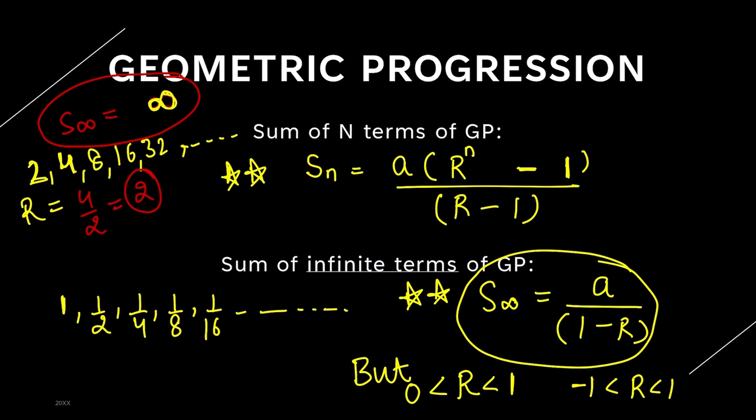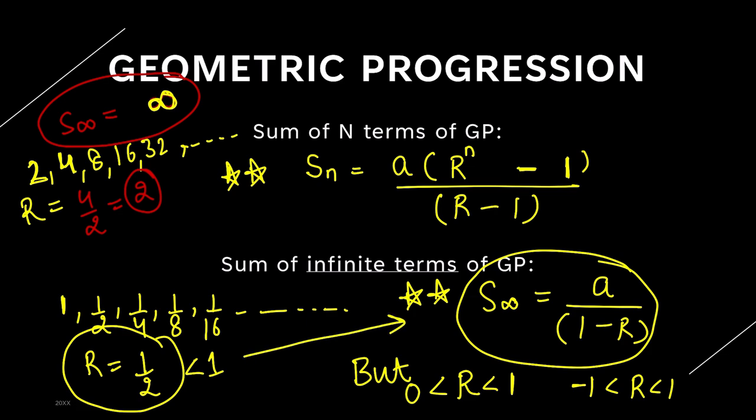But if the common ratio is less than 1, like in this case 1 by 2, we can use the formula a upon 1 minus r. What is a in our example? 1. And 1 minus r in our case is 1 by 2. If you do the calculation here, you will get the sum of infinite terms of the series as 2.